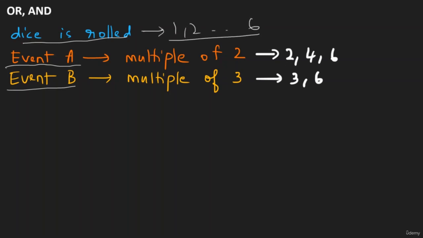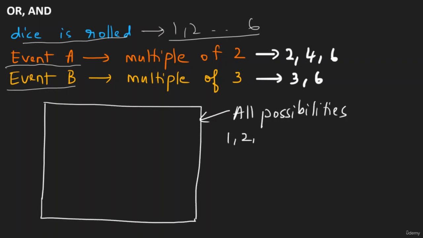The universe of possibilities, 1, 2, 3, 4, 5, 6, is drawn like this. Now inside this universe, let's draw event A, the possibility where a multiple of 2 is obtained when the dice is rolled. Now let's draw event B inside this universe.